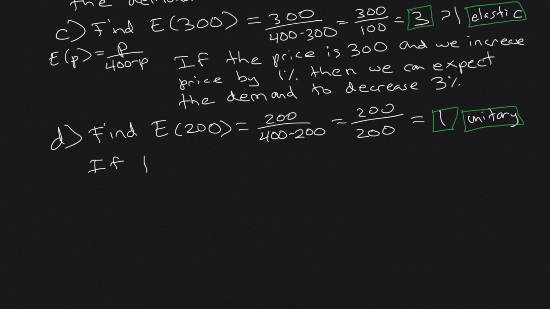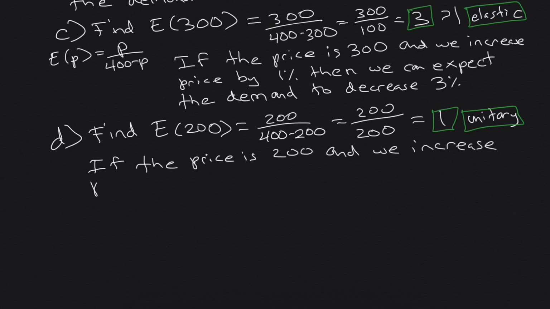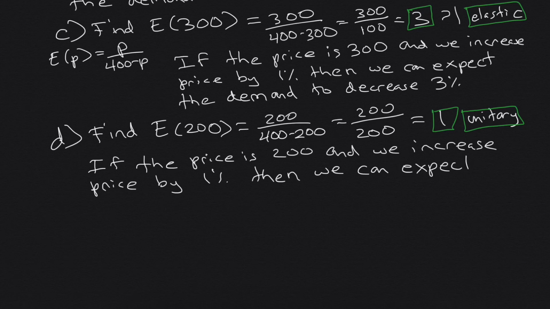You don't have to, but if the price is $200 or whatever it might be, and we increase price by 1%, then we can expect the demand to decrease. We got 1 there, so by 1%.